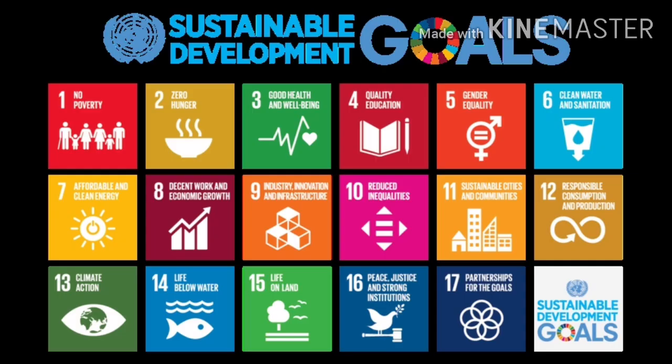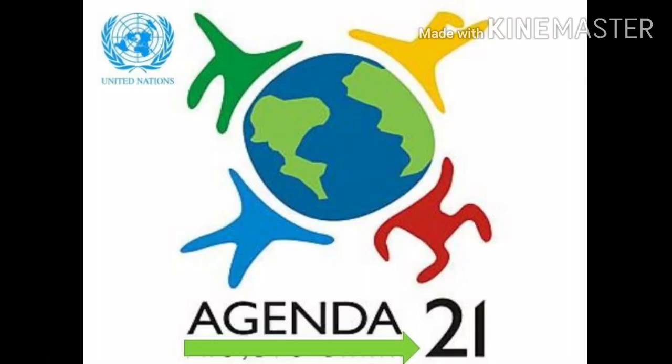So, to attain sustainable development, an Earth Summit was conducted at Rio de Janeiro in Brazil in 1992. More than 100 heads of state met in Brazil for the first international summit. In this summit, Agenda 21 was adopted for achieving sustainable development in the 21st century. What is Agenda 21?